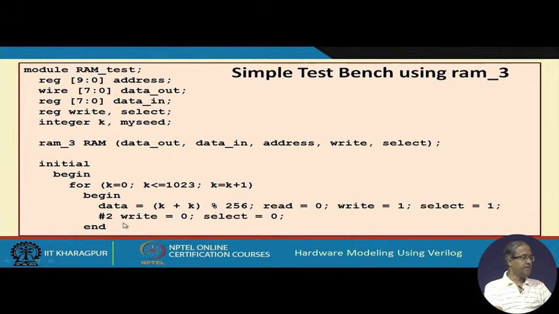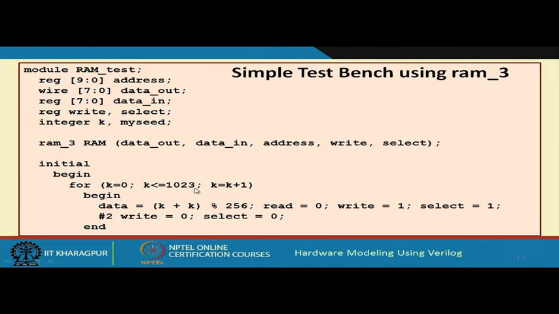Now, here you see what we do in the first initial block, we initialize the whole memory. How do you do it? In a for loop, k equal to 0 up to k equal to 1023, we go in a loop, and what do you store? We store k plus k modulo 256. So, if k is 0, 0 plus 0 is 0.